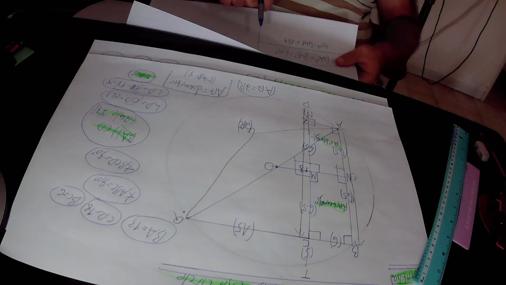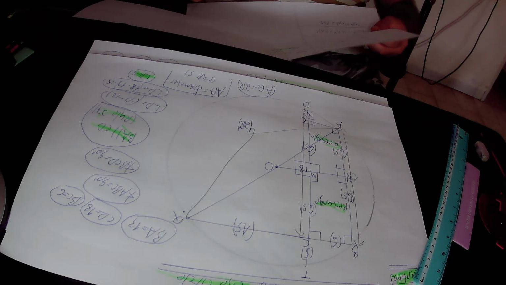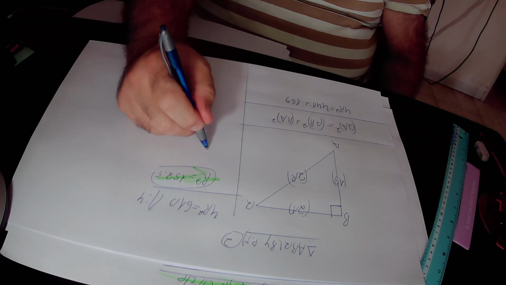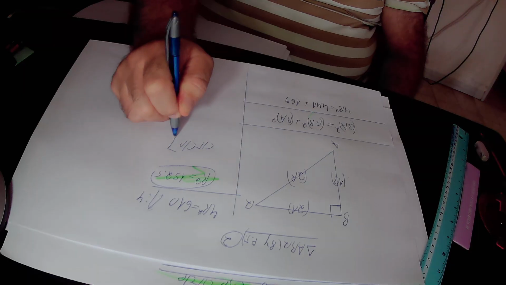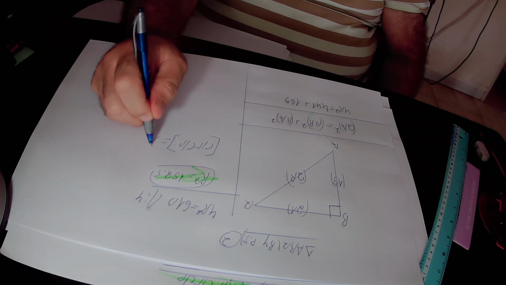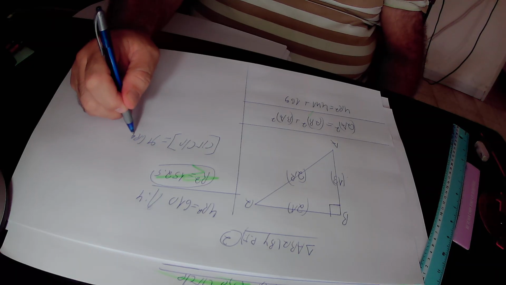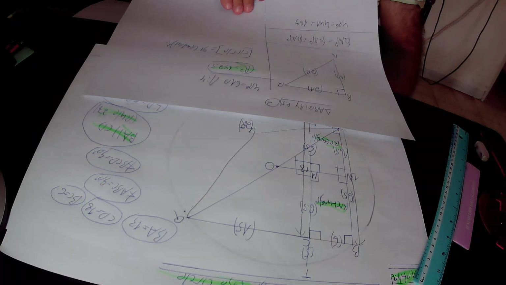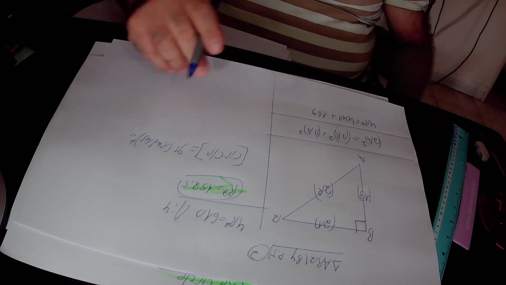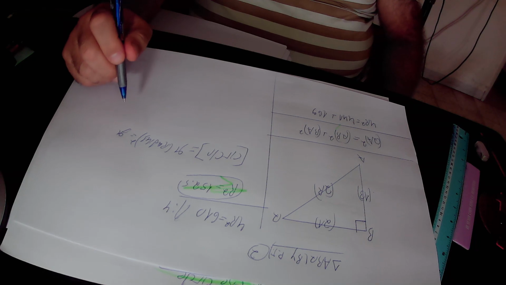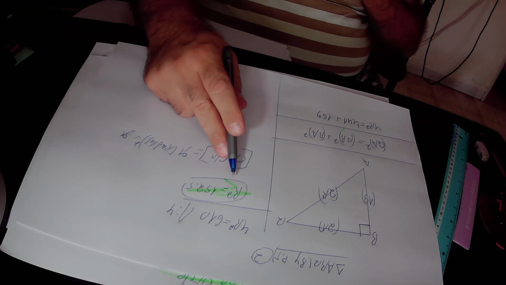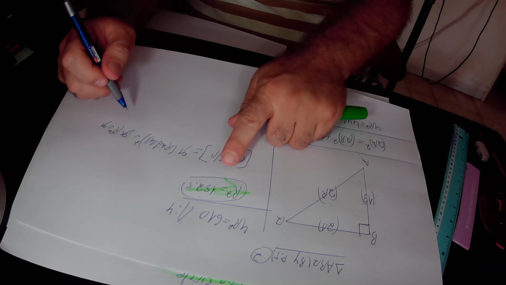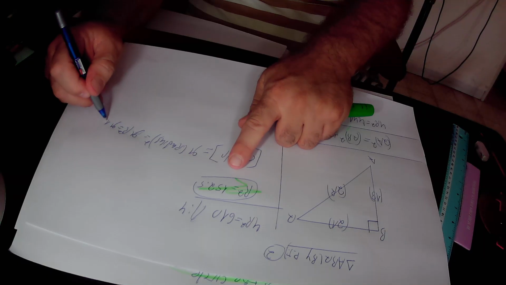Our task is to find the area of this circle. We know that the area of any circle equals pi times the radius of the circle squared. And therefore, the area of this circle must be equal to pi times r squared, and r squared is 152.5.